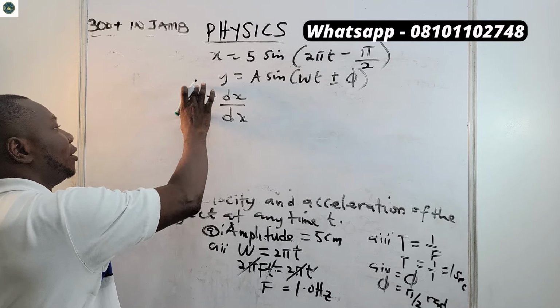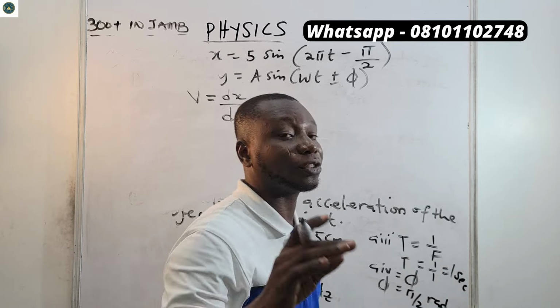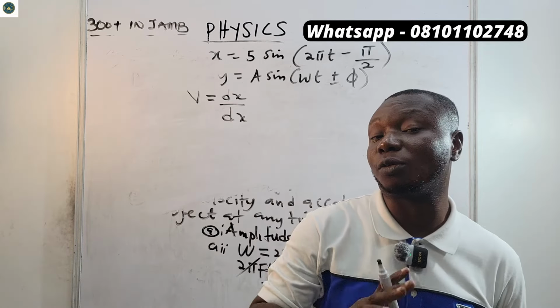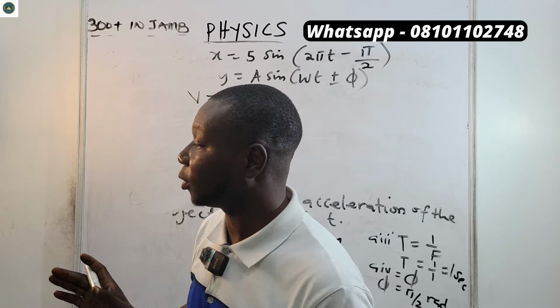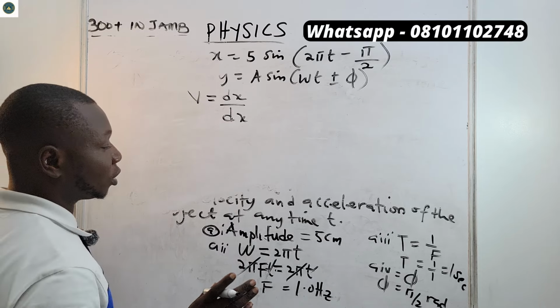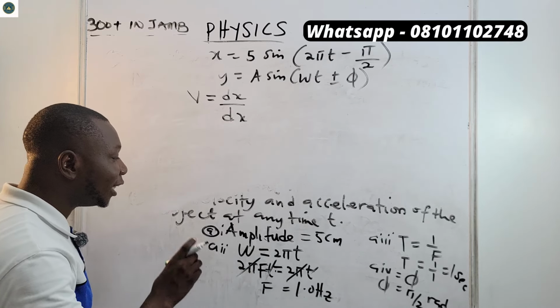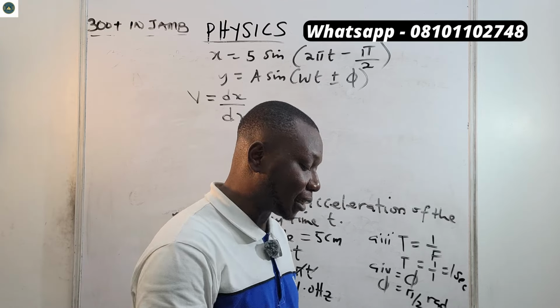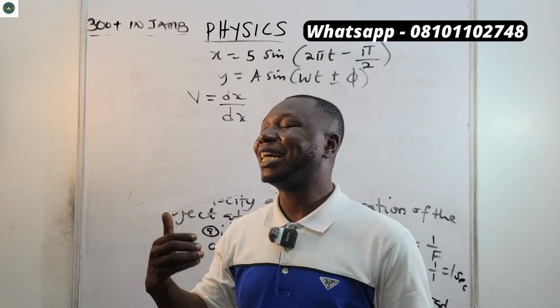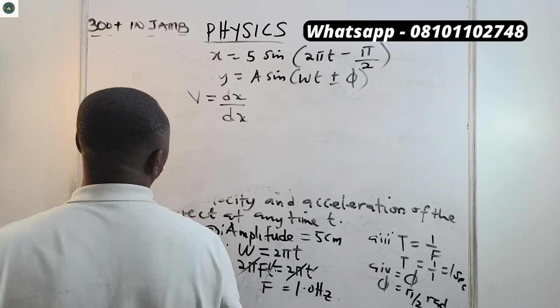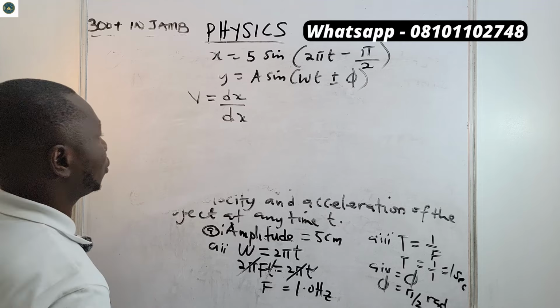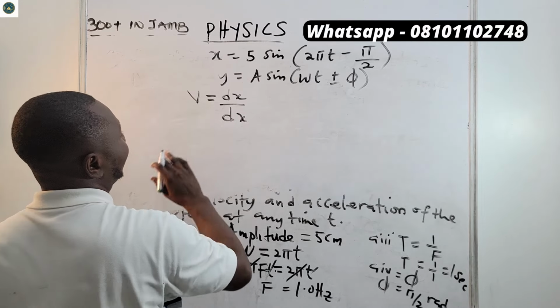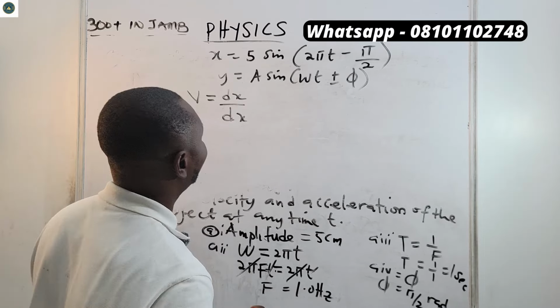So for us to get velocity, we differentiate with respect to time. You must be conversant with your calculus, because these alternating quantities change at any time, and when an alternating quantity changes at any time, it becomes instantaneous values.